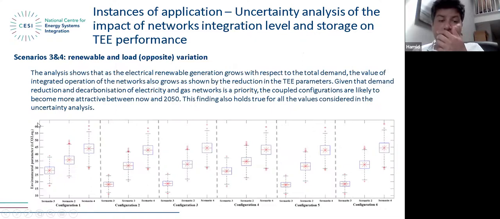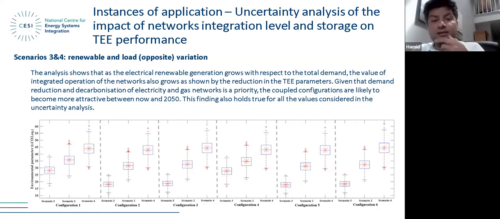And also, if we have opposite directions of renewable generation and load variation in gas and electricity networks, with all these uncertainties, the whole idea shows that the configurations with more integration of the networks have better T performance parameters compared to no integration or just single integration of networks.